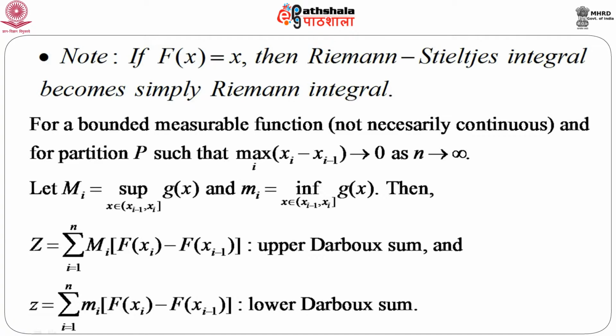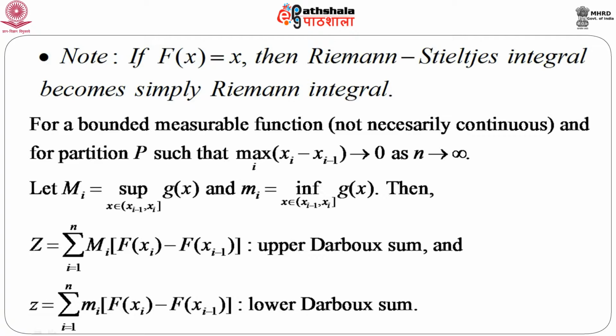We can look at this Riemann-Stieltjes integral in a slightly different way. For a bounded measurable function, not necessarily continuous, and for the partition P such that the maximum of the length of subintervals goes to 0 as n goes to infinity, that means the partition becomes denser and denser as n goes to infinity.